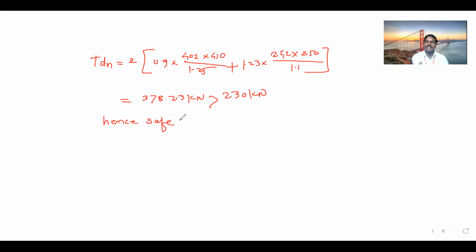Either you can use the bolted connection or you can use the welded connection, and in this way you have to design the tension member. So it means whatever provided section is safe, you can use this section for this 230 kilonewton load. Got it, everyone?